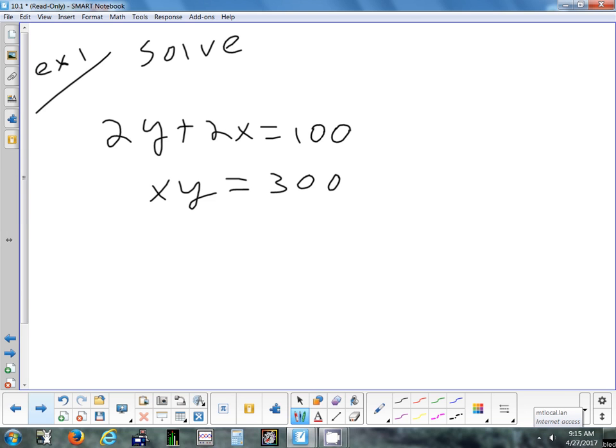Which equation here is it easier to get a letter by itself in? The top or the bottom? Yeah, I think the bottom one is easier because you only have to do one thing to get a letter by itself. And Luke, what letter do you want to get by itself? Y. So how would you get y by itself?